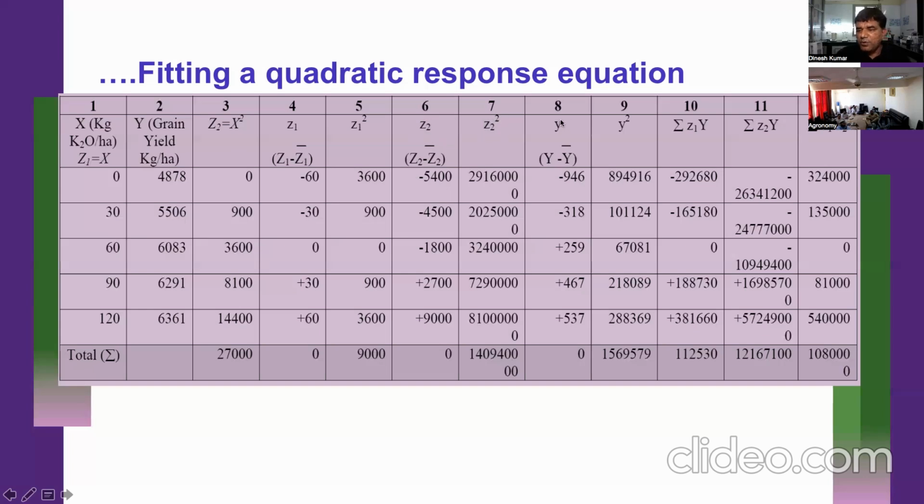Then for Y, you do a similar kind of calculation for small y. Small y is Y minus Y bar. So this is your Y. You take the mean of this, and subtract it from the respective values.